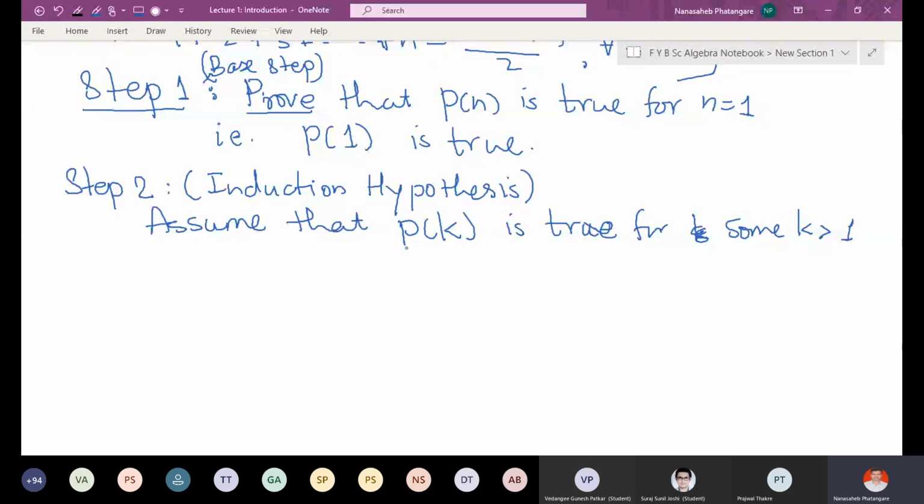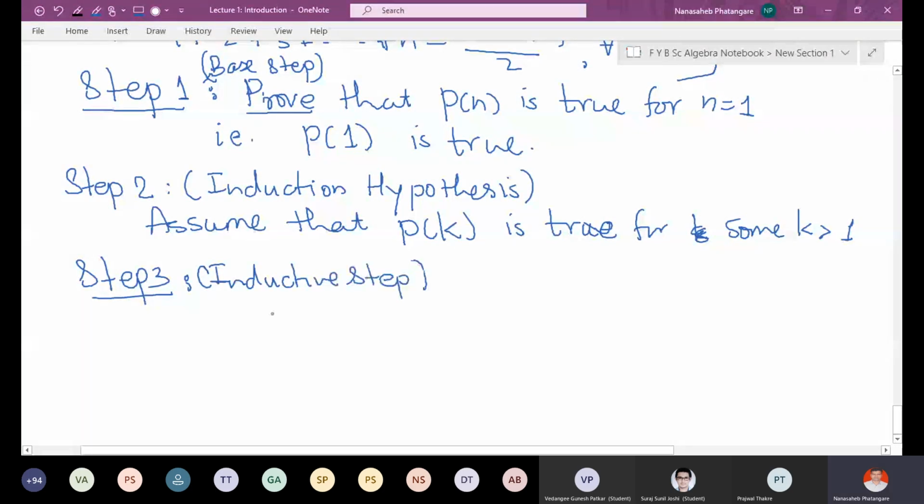And then what is step 3? The inductive step. So what is the inductive step?